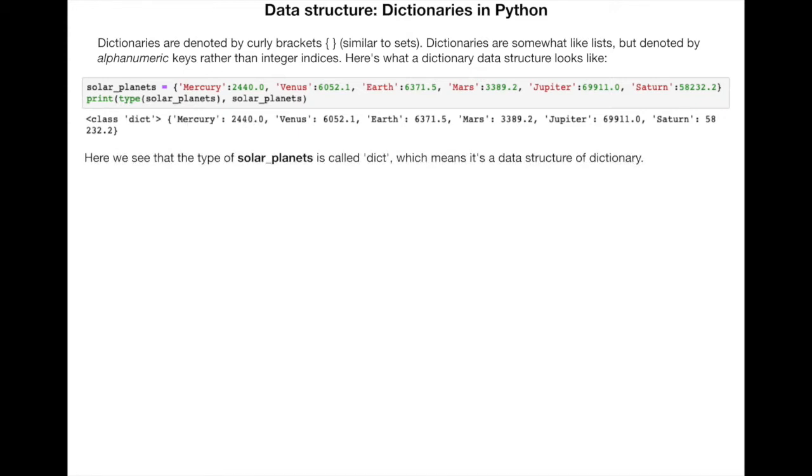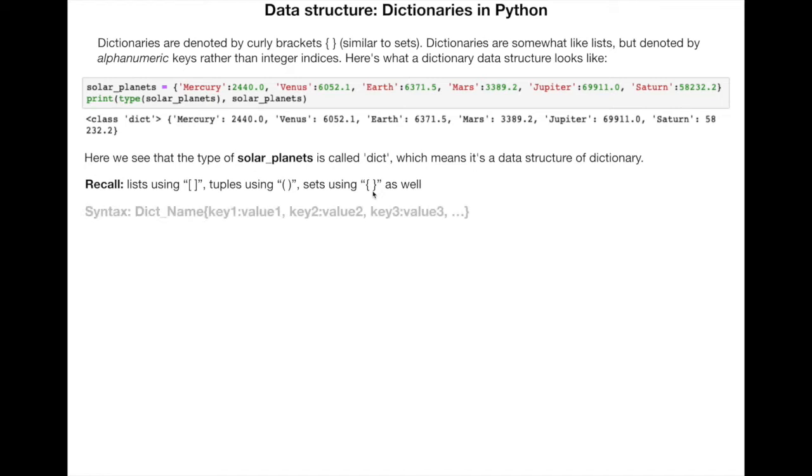So Solar Planets is now a dictionary, a Python data structure. And remember that lists use square brackets, tuples use parentheses, and dictionaries use curly brackets. That's how you differentiate different data structures in Python.